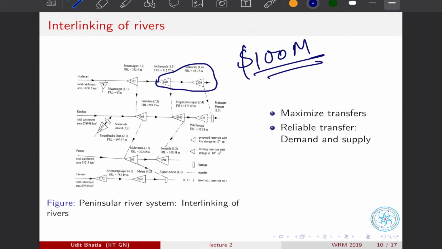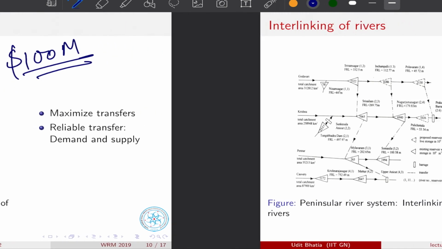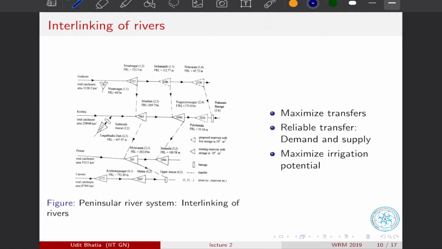So the concept of water resource system management has real world repercussions, and the costs can be really large and could have a detrimental effect if our solutions are not right.